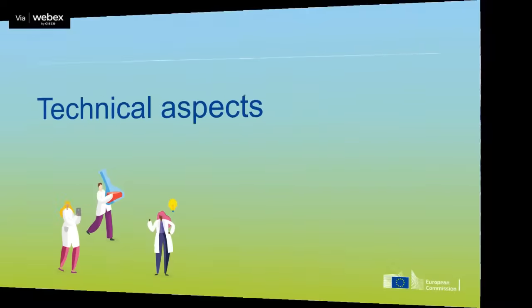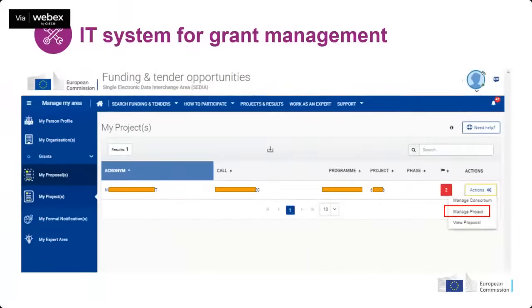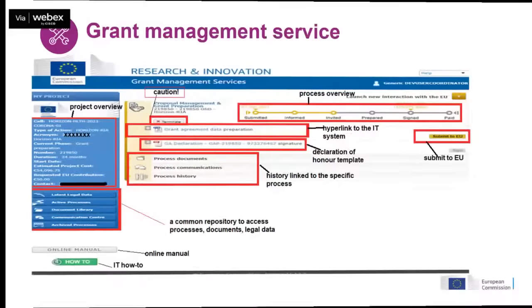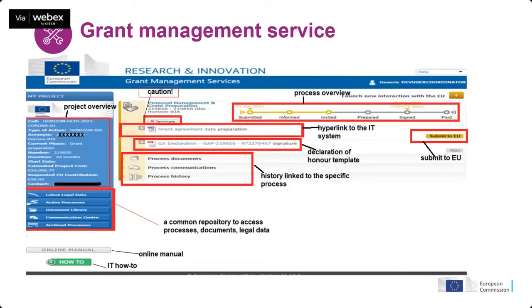And a small overview of some technical aspects. Now, as you see, we have here the portal, the area, and once you have selected, you have a project. If it is going for grant agreement preparation, you go here, you manage your project. Later, you will even be able to manage your project from here, and that enters you in the area of project management.